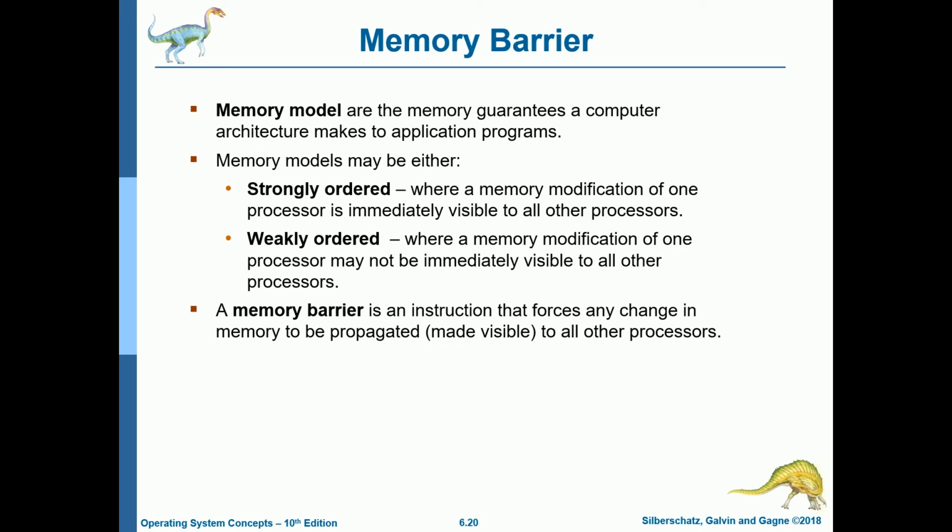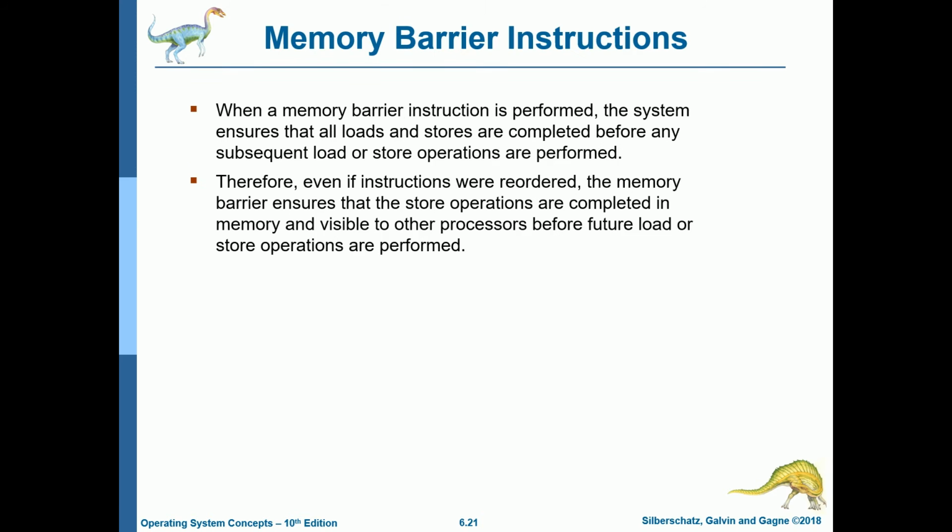When a memory barrier instruction is performed, the system ensures that all loads and stores are completed before any subsequent load and store operations are performed. Therefore, even if instructions were reordered, the memory barrier ensures that the store operations are completed in memory and are visible to all other processors before future load and store operations can be performed.